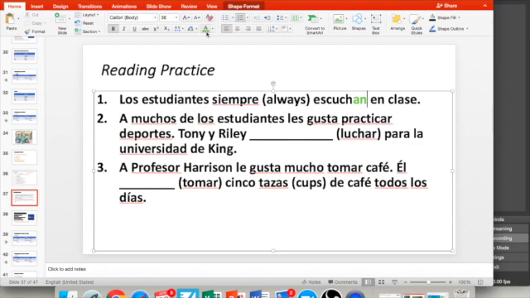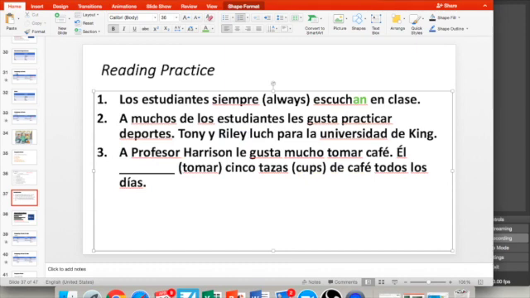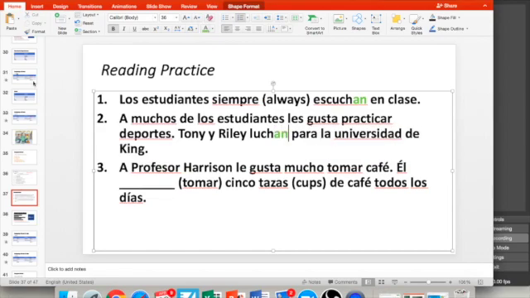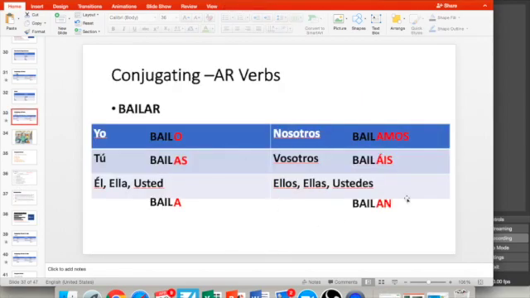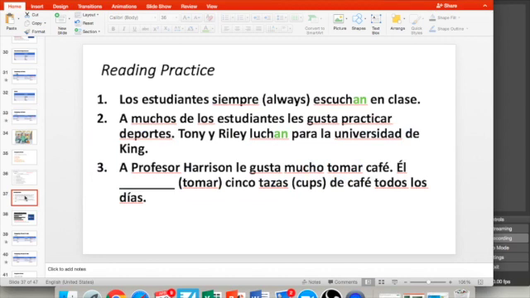So if luchar is to wrestle, we need to take luchar and we need to conjugate it by taking off the, hopefully you're saying the AR. Riley and Tony would be they. To say that they wrestle, we're going to use the same ending as before, an AN, which is our bottom right box, the they box. So Riley and Tony luchan, they wrestle, para la Universidad de King.